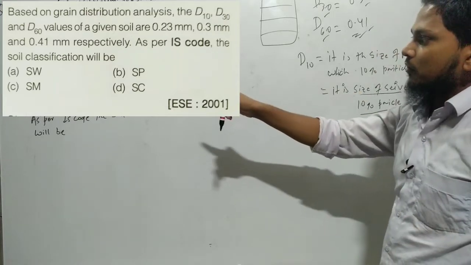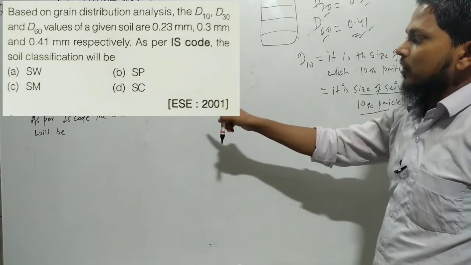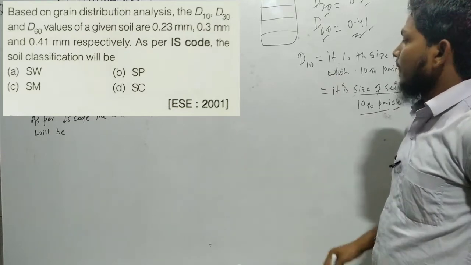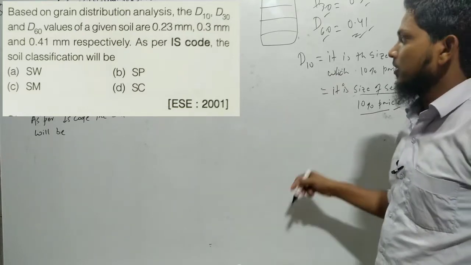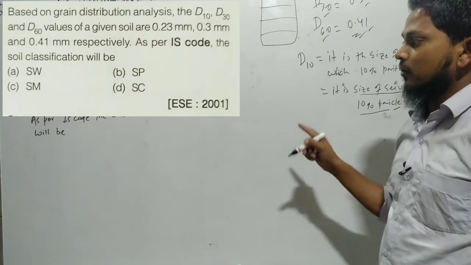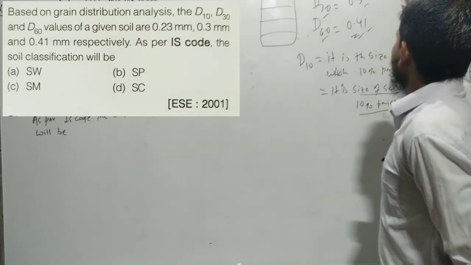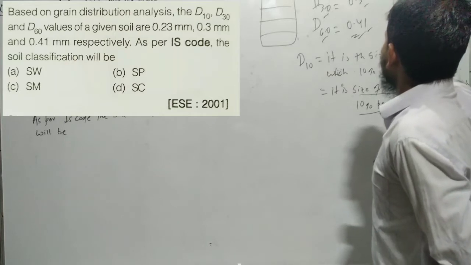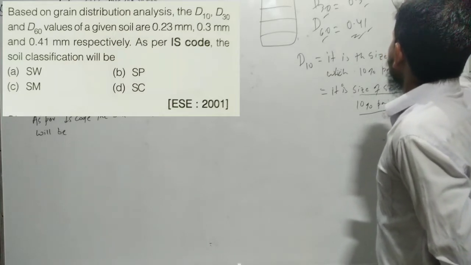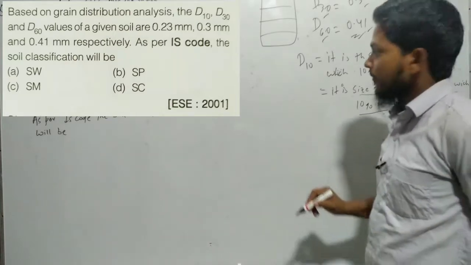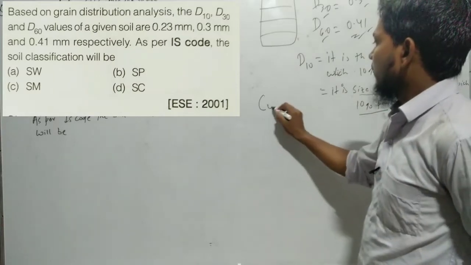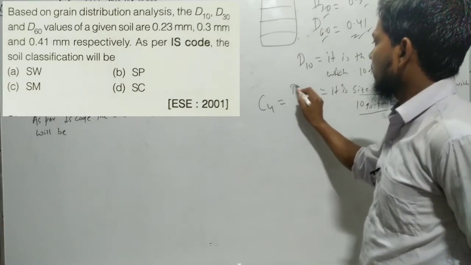So what is the question asking? As per IS, what will the soil classification be? As you see in the options, all the options are sandy, which means sand is greater than gravel. For this we can find Cu. Cu is D60 upon D10.